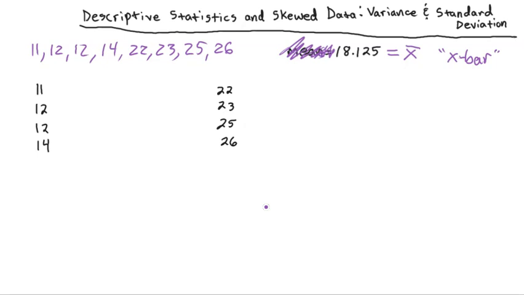And the letter that we use to represent a single data point, like 11, is just the letter X. So if I just say X, I'm referring to a single data point. If I say X bar, I'm referring to the mean of the sample data. Now, what we're going to learn about first is a concept where we take a data point, like 11, and we subtract the sample mean from it.